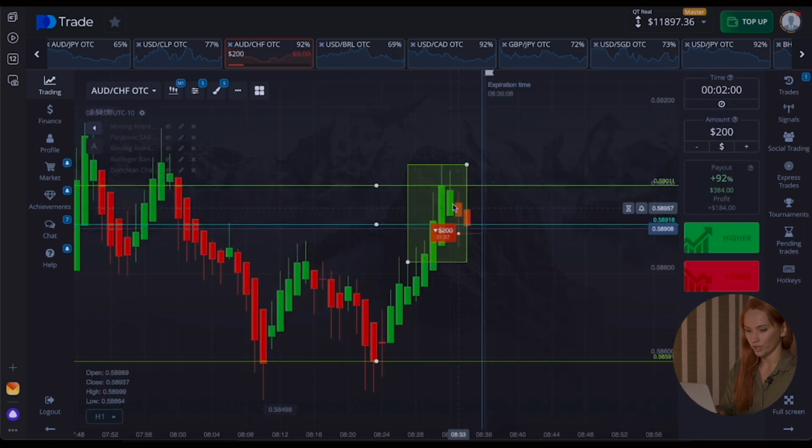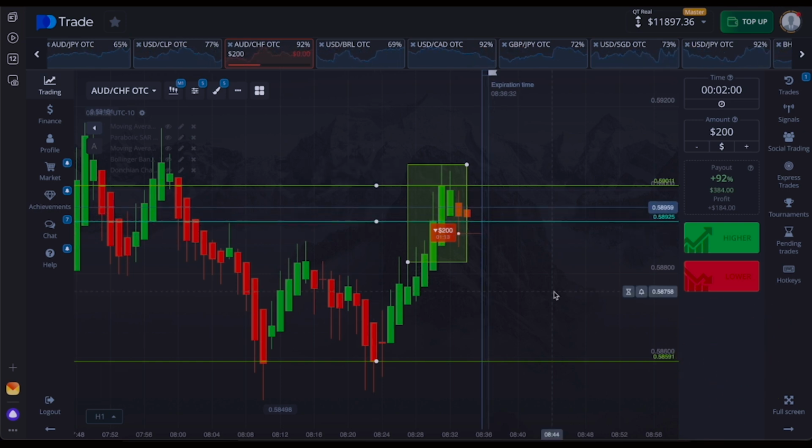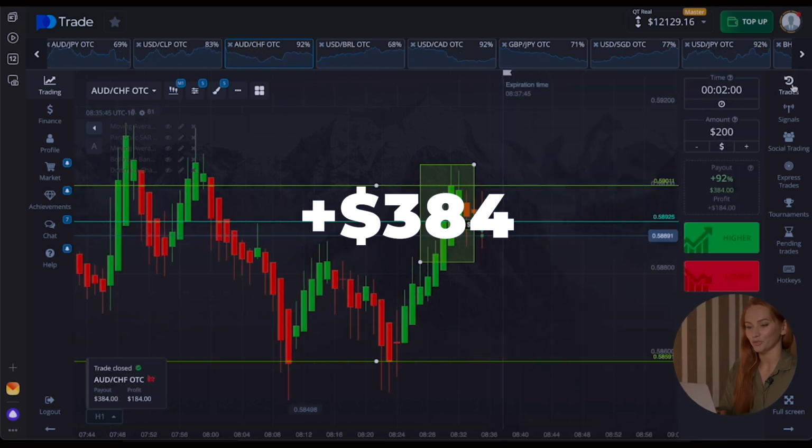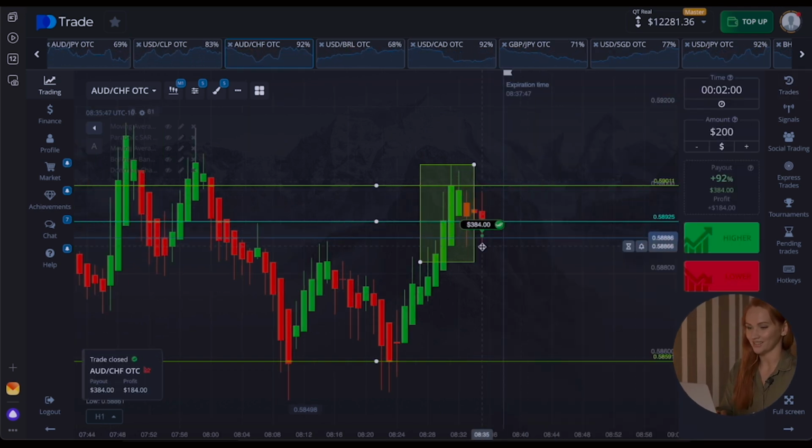And we saw the breakout that turned the chart down again. And now it is moving towards forming a new support line and a new minimum point. Great. Just in the last seconds, the deal turned out in profit.